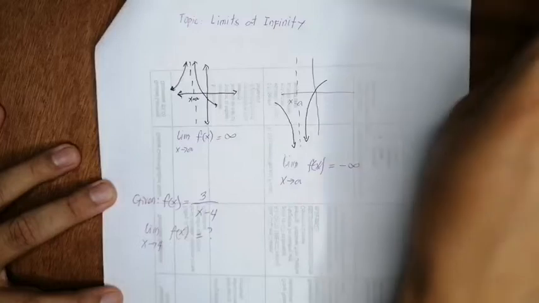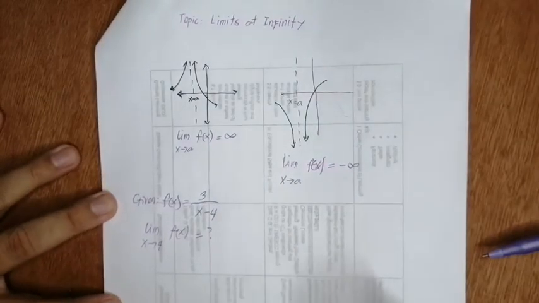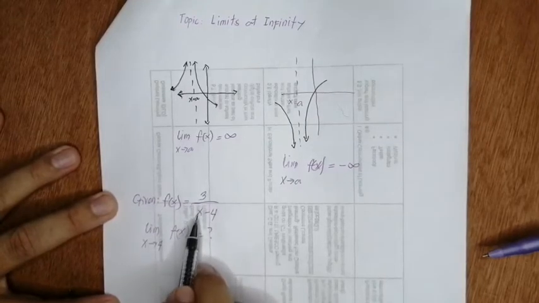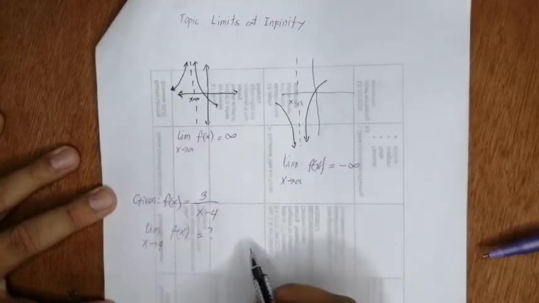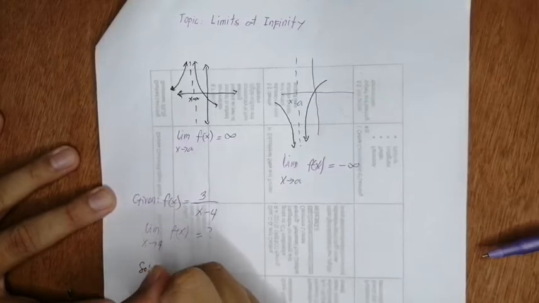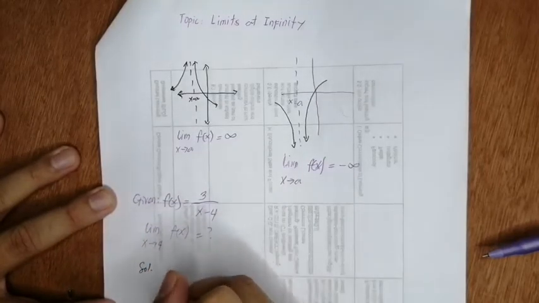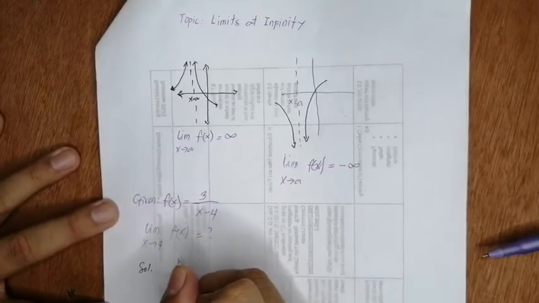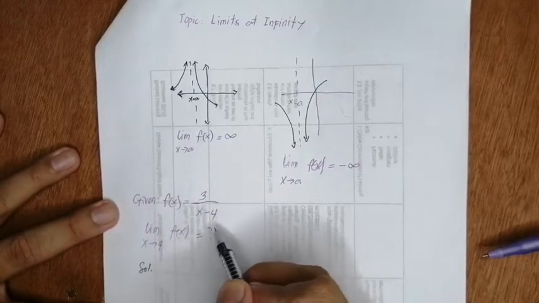Okay, so if we're going to evaluate the limit of f of x as x approaches 4, kapag dinirect substitute natin dito, ang mangyayari ay 3 over 4 minus 4. So f of x at 4 is equal to 3 over 4 minus 4, which is 0.